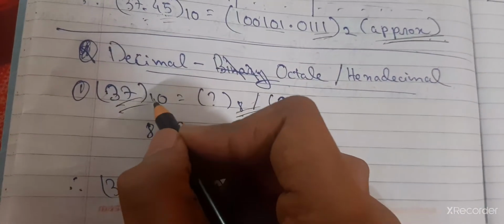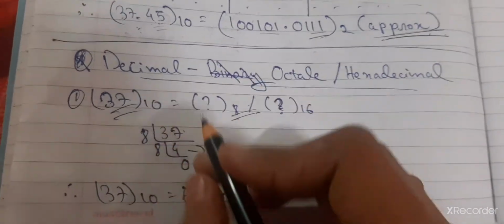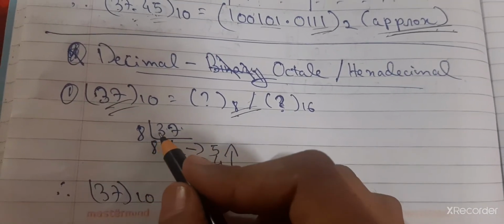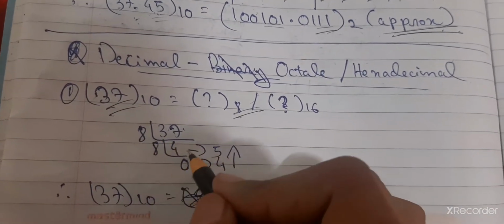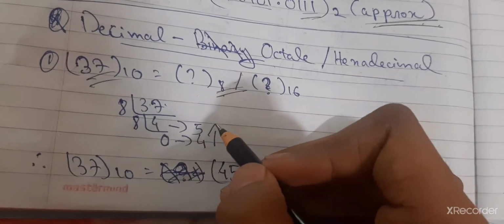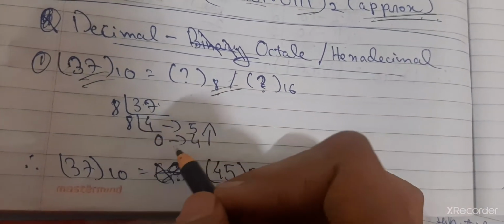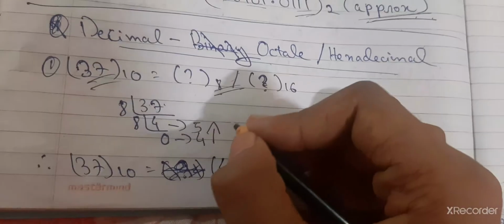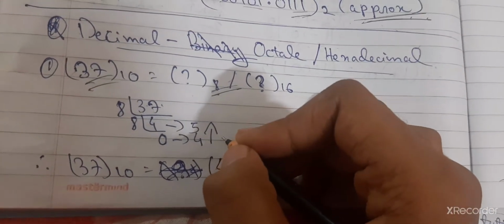So here we have the number 37 to the base 10. 37 will be divided by 8. 8 fours are 32. 37 minus 32 gives us 5. Then 8 zeros are 0, it will give us 4 only. Again we'll follow the bottom up approach.